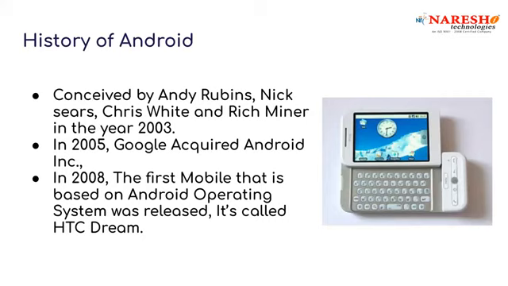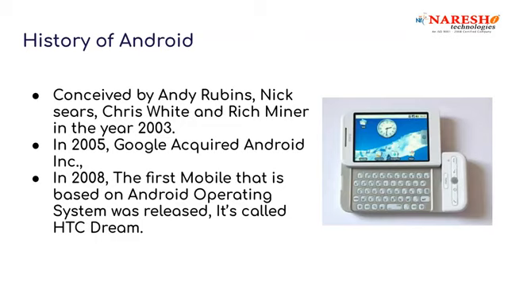the history of Android. I'll not eat up a lot of time on this history because it is not so necessary, but knowing this is good. There are these four people who were working in mobile platforms: Andy Rubin, Nick Sears, Chris White, Rich Miner.